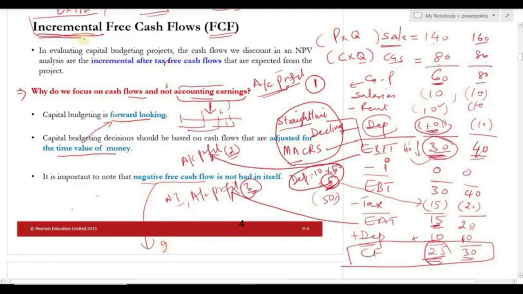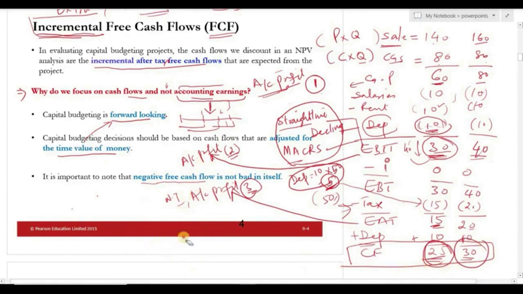Okay, so if you see this slide, in evaluating a capital budgeting project, number 1, the cash flows we discount in NPV analysis are incremental after tax free cash flows. After tax means we have deducted the tax here, right? And incremental means how much it has added more to the value of the company, 25 in year 1 and 30 in year 2.